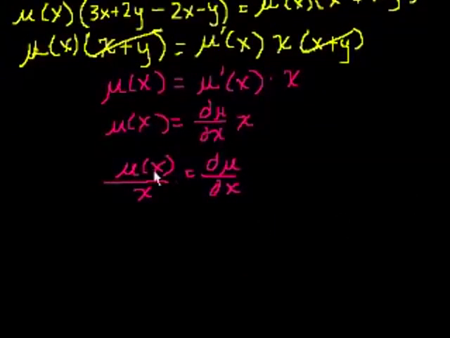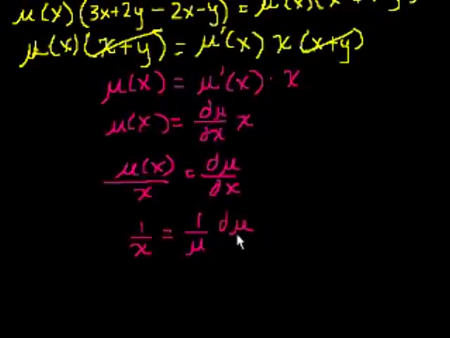And then let's divide both sides by mu of x, and we get 1 over x is equal to 1 over mu. That's mu of x. I'll just write 1 over mu right now for simplicity, times d mu dx. I'm actually going to go horizontal right here.